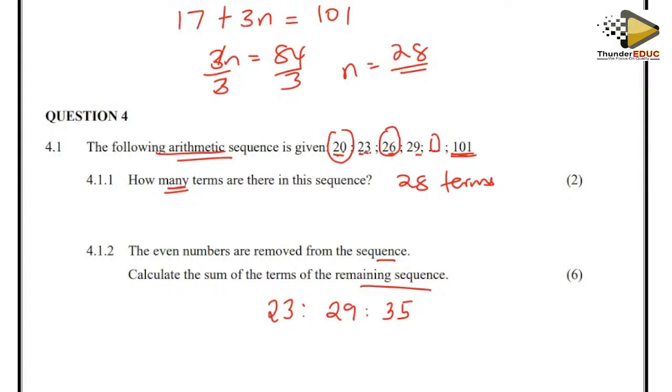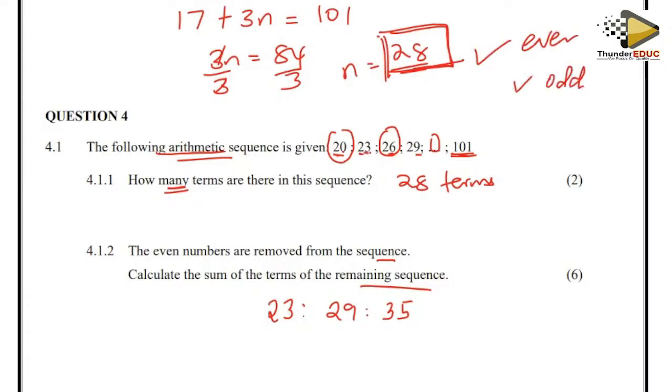So these terms that are left will form a certain pattern of their own. But remember, we had 28 terms in total. So these 28 will represent half to be even and half to be odd.